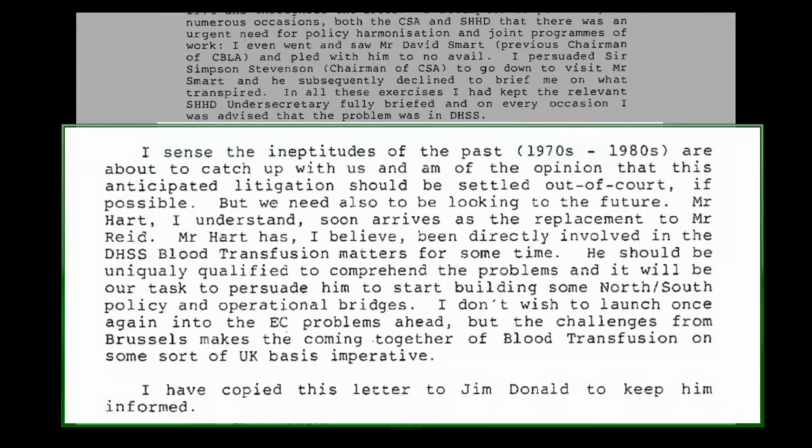And so he continues in this letter, we need also to be looking to the future, and then he refers to personnel within, I think, SHHD, and says, picking it up a few lines down, it will be our task to persuade him, that's the new figure in SHHD, to start building some north-south policy and operational bridges. I don't wish to launch once again into the EC problems ahead, but the challenges from Brussels make the coming together of blood transfusion on some sort of UK basis imperative.